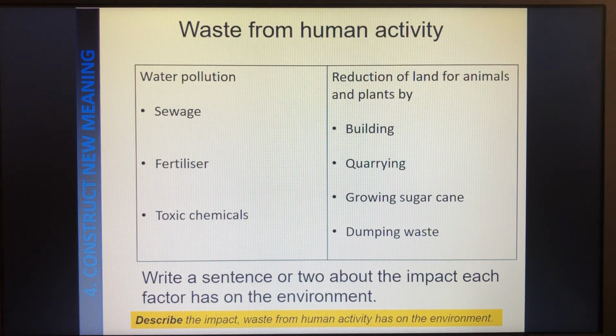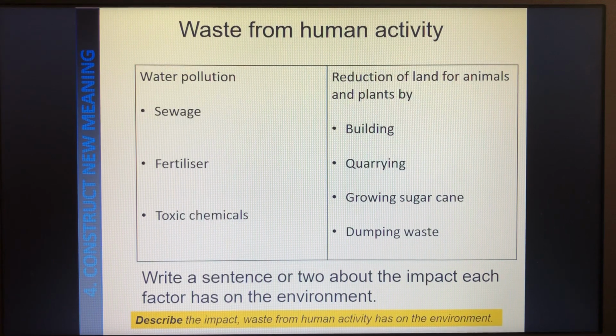So you see lots of houses, they knock down one house and build four, and all these different housing nooks are getting filled, but that's obviously reducing land for plants and animals. Quarrying does exactly the same thing, so this is blowing up rock and using that rock as a building material, so that will destroy large areas of habitat.